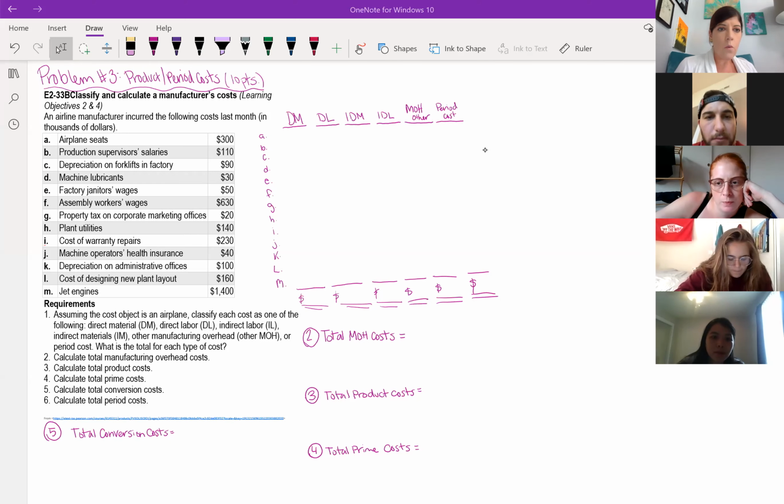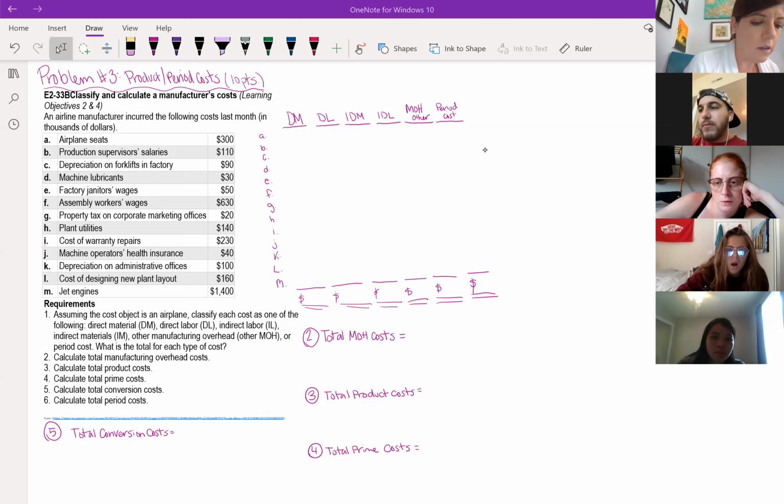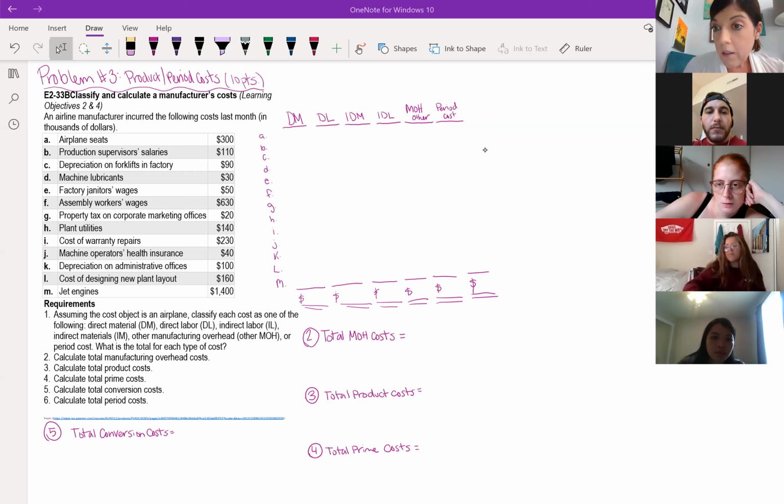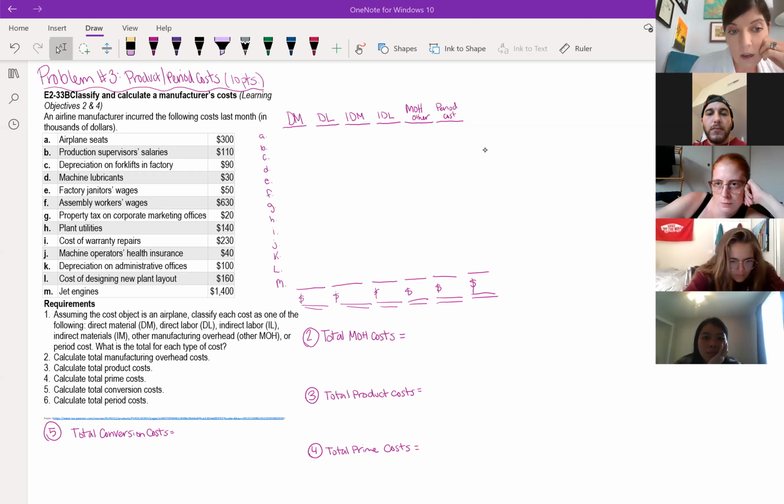Okay, we're going to do exercise 233B for the product versus period costs. We did a similar one before in class, but this is just the sister one. Basically, you're figuring out if it's a product or period cost and what it classifies as. Then you have to address the number of questions and calculations.